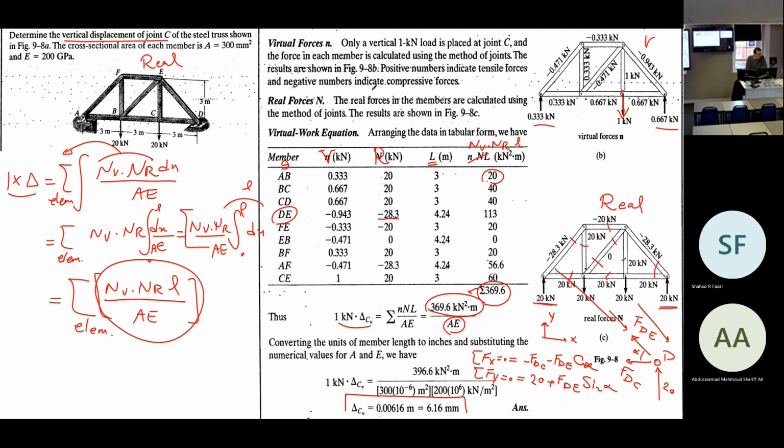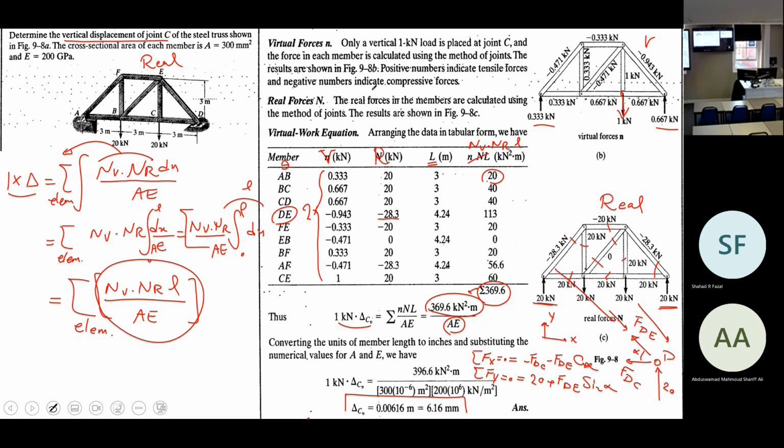If you put 2 kilonewton for the virtual structure, what happens? Instead of 1 kilonewton for the virtual structure, I put 2 kilonewton. What happens? All of the internal forces will be doubled. This column will be doubled.